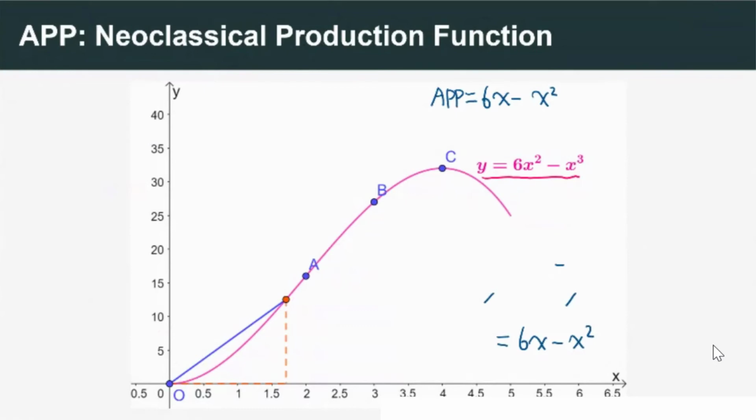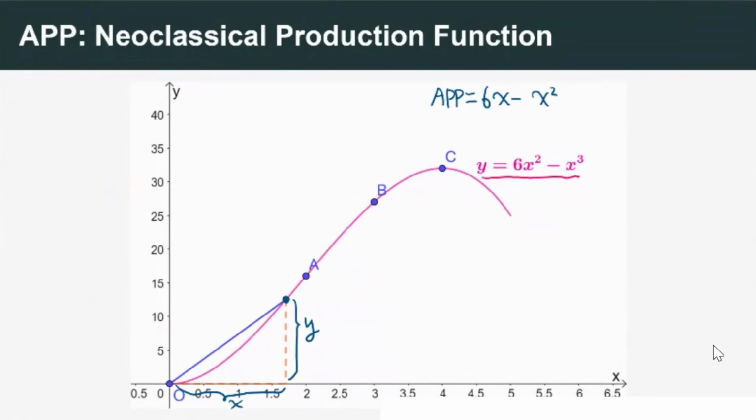And if you need to find it on a graph, and your production function is nonlinear like here, then you will find that it's not so easy because the APP is different at each point. So again, let's take these points first. We know that the APP is y over the x value here.